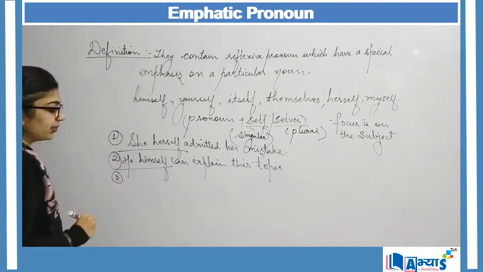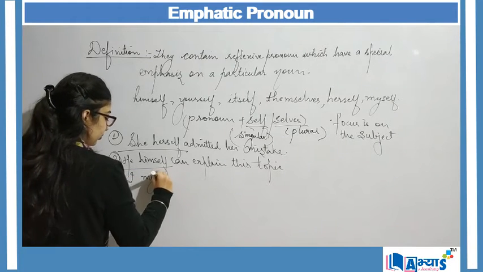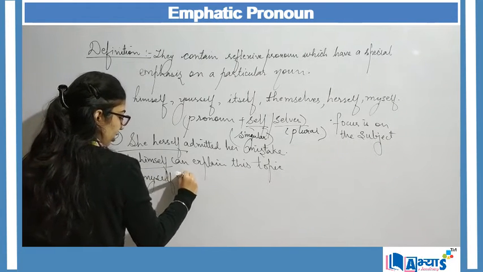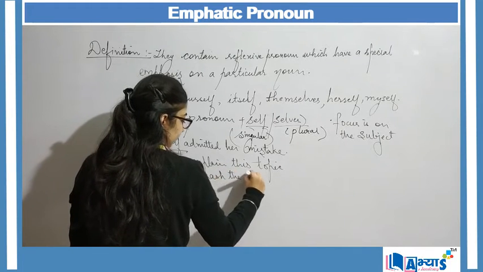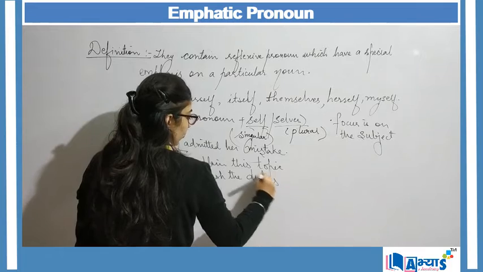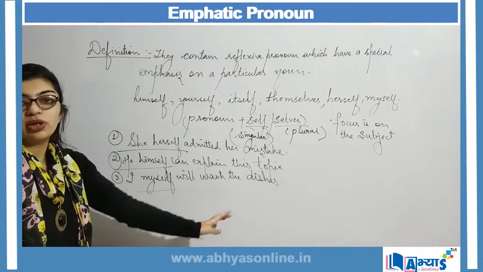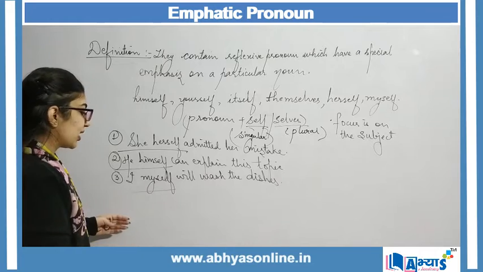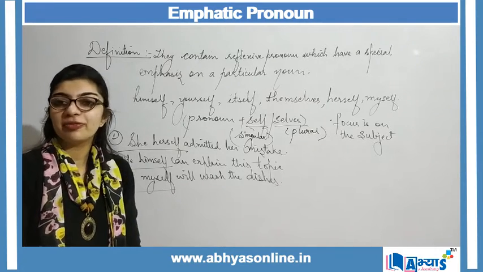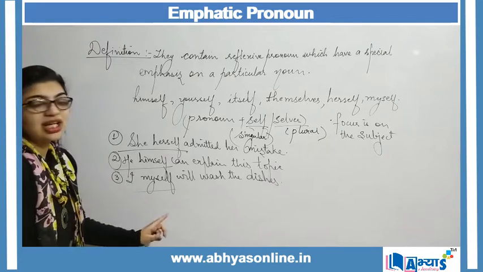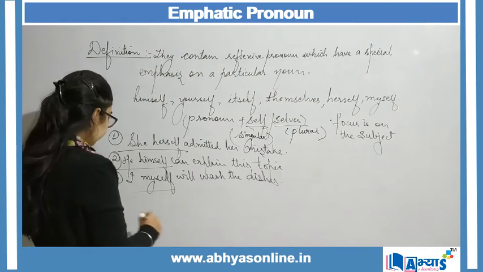Then the next example can be: I myself will wash the dishes. Again, I am focusing on the subject. I myself will wash the dishes, or I can say I will wash the dishes myself. That will become my reflexive. When I say I myself will wash the dishes, that becomes my emphatic pronoun.